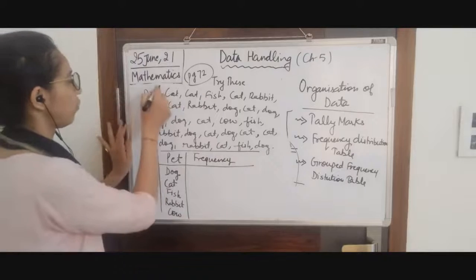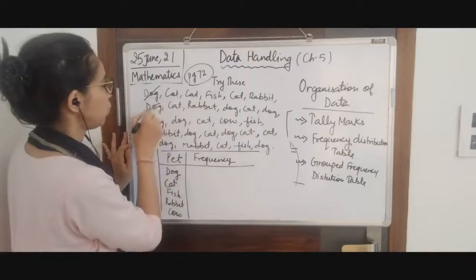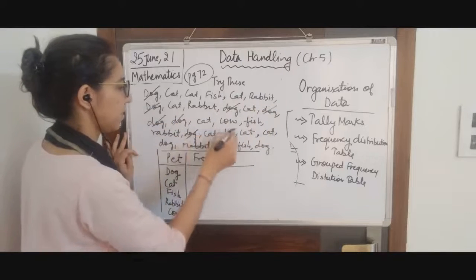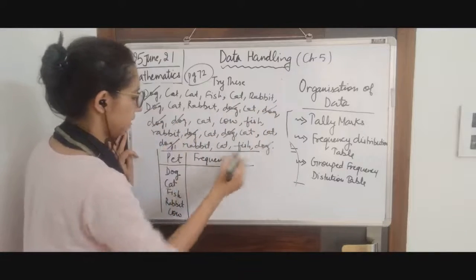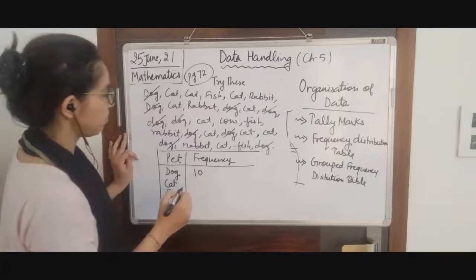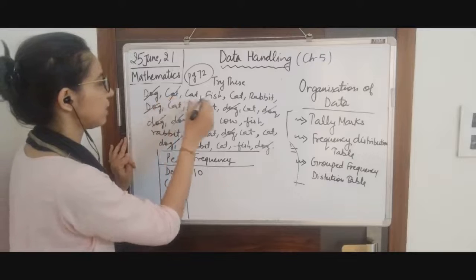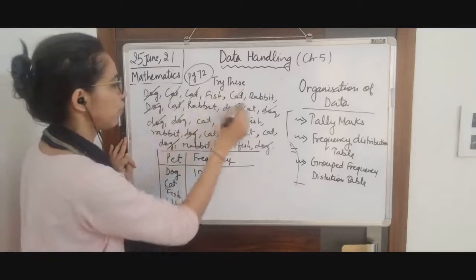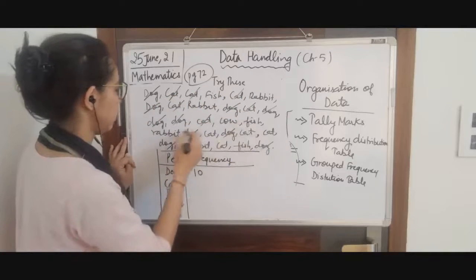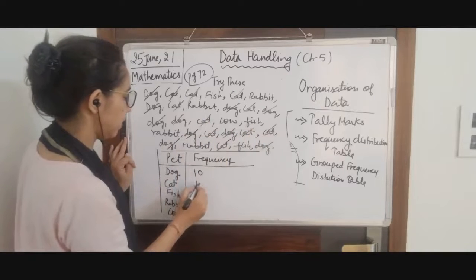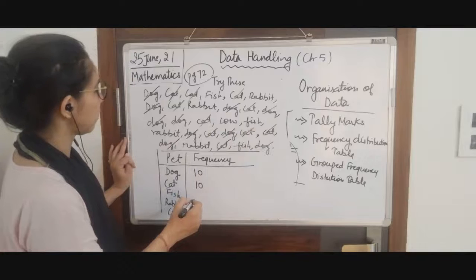We are going to count the dog. 1, 2, 3, 4, 5, 6, 7, 8, 9, 10. 10 people are preferring dog as a pet. Then 1, 2, 3, 4, 5, 6, 7, 8, 9 and 10. 10 people are preferring cat as a pet.